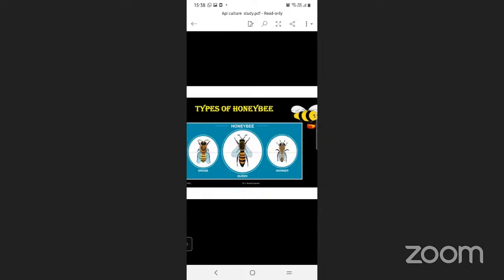The one who collects the honey and builds the honeycomb is the worker. The worker does all the work to collect the honey or to pollinate. Everything is done by the worker.